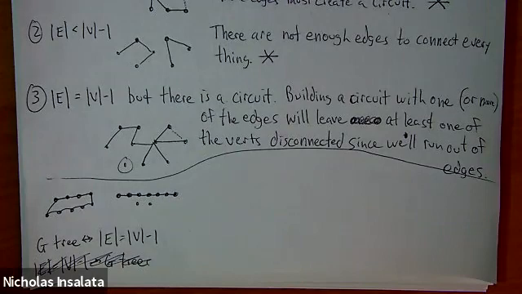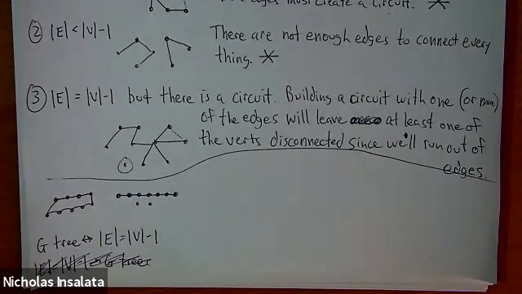Okay, how about a tree with 6 vertices and total degree 14? Does that work? Let me say it one more time. It's a tree, 6 vertices, and the total degree of the graph is 14.